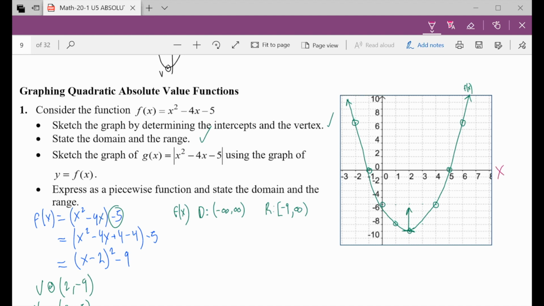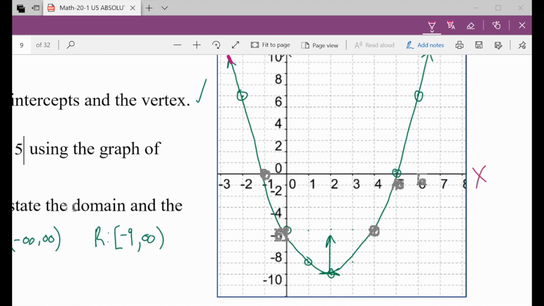So any part of this curve which is currently above or equal to y equals 0 is going to be part of the absolute value function. This part of the graph here is part of the absolute value function of the original function, and that part there is.